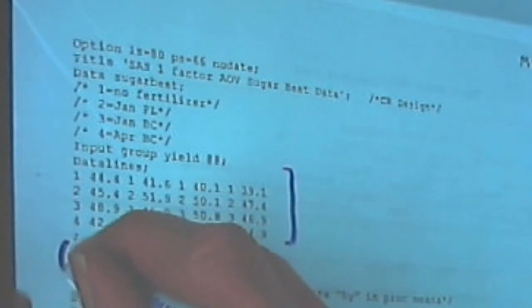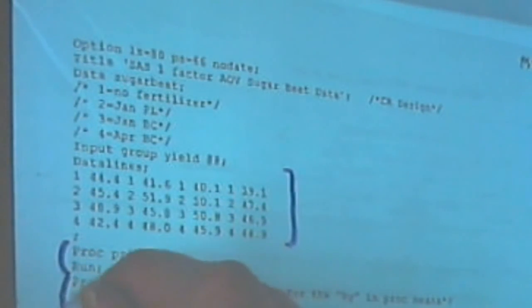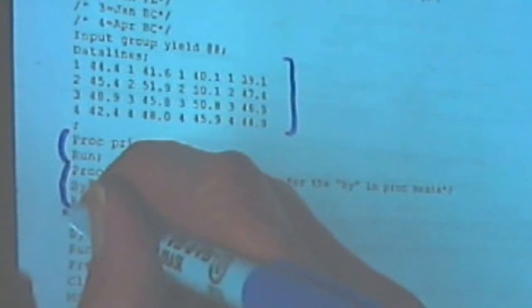And the first thing I do is just to print the data so I can look at it. Proc print run. And so here's the data. And we can see the 4 cases of no fertilizer. There's the responses. And then the 2s, the 3s, and the 4s follow, seeing the print of the data. Then I sorted the data by group, and then I gave proc means.